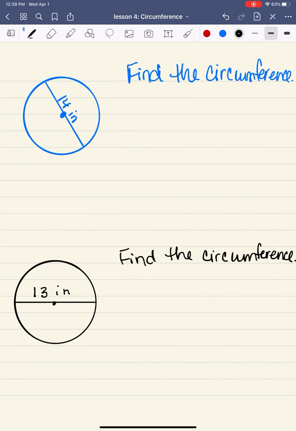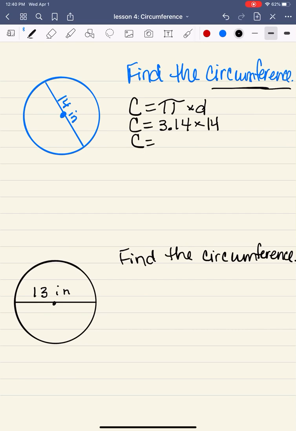Okay, let's practice a few more. So again, we're finding the circumference. So I'm going to use that same formula again. C is equal to pi times diameter. Pi, we're always going to use that 3.14. The diameter of this circle is 14. It goes all the way across.